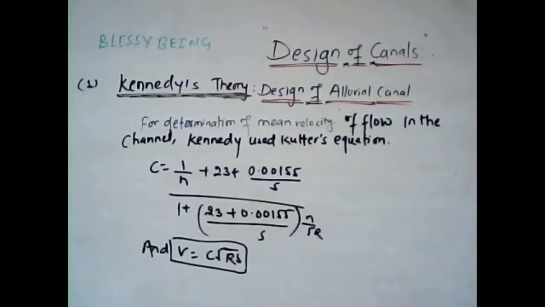Here C is the constant, Kutter's constant, and it is given by the formula as shown in the board, that is C equals (1 by N plus 23 plus 0.00155 by S) divided by (1 plus (23 plus 0.00155 by S) into N by root R). So V is given as V equals C root RS.